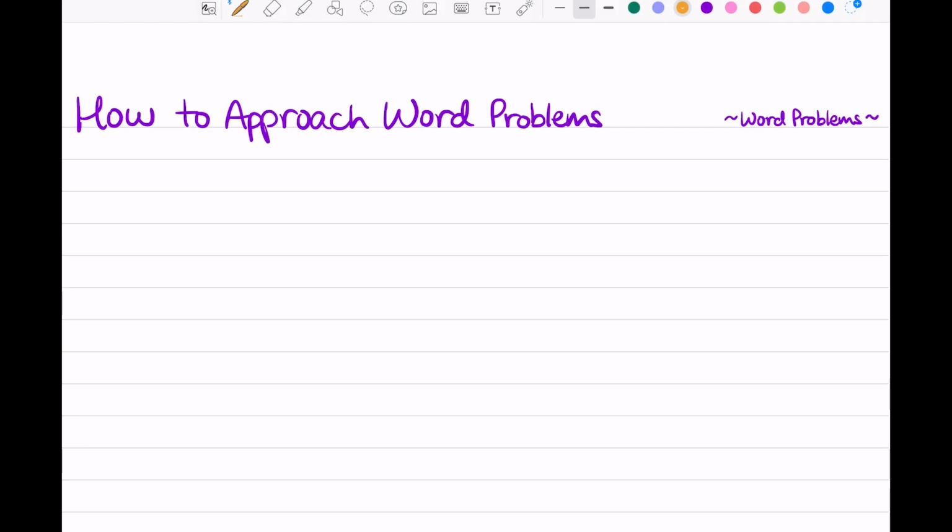In addition to learning about equations, you'll be asked to solve word problems. So let's start by asking, what is a word problem?